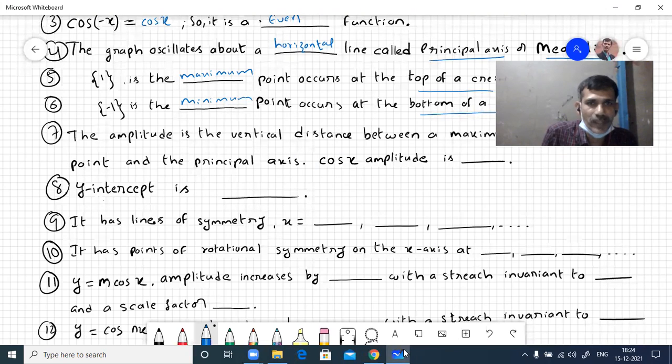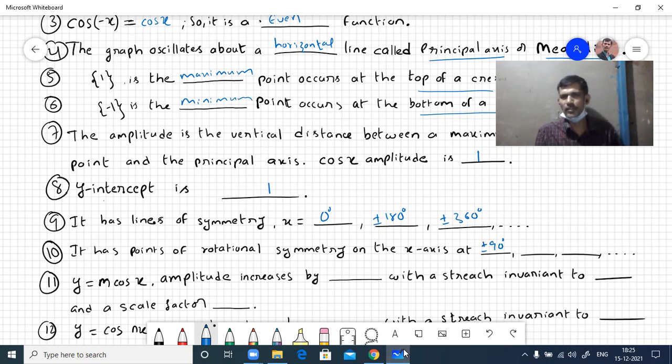So the y-intercept, where the amplitude we have seen is 1 unit only, even the y-intercept is also 1 unit. Line symmetry, where we have observed, at 0 degrees plus or minus 180 plus or minus 360 degrees and so on. And rotational symmetry, we have observed at 90 degrees plus or minus, you can write in radians also, pi by 2 radians, like that, plus or minus 270 degrees plus or minus 450 degrees.